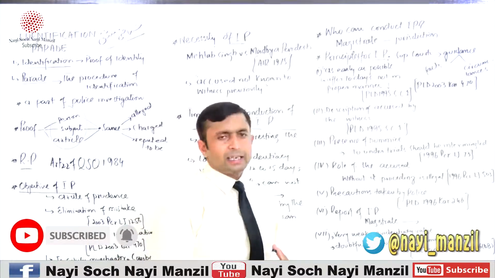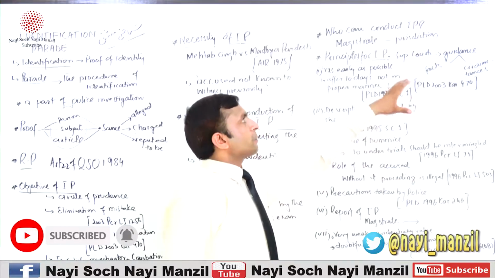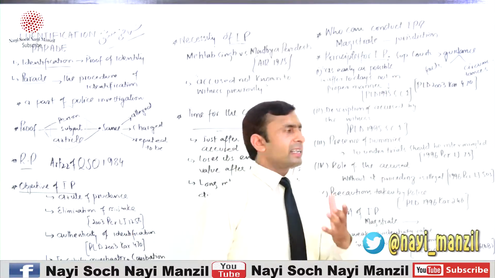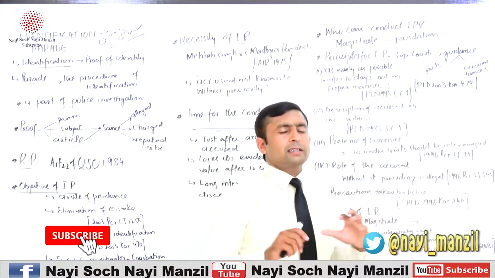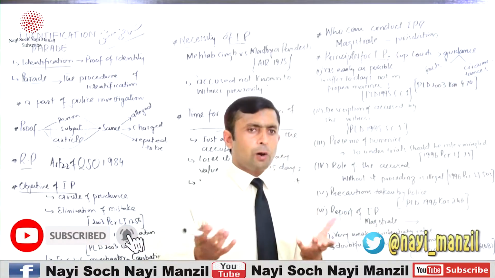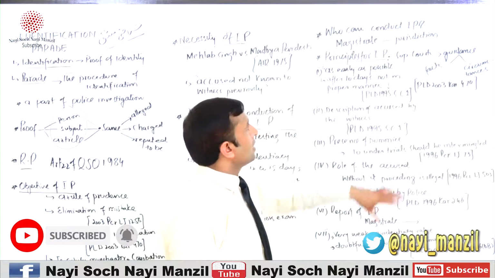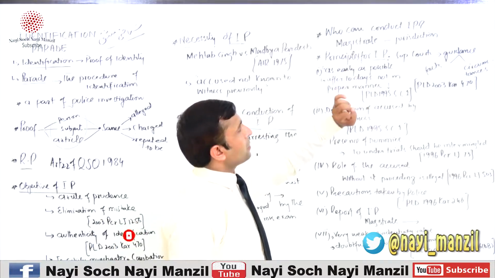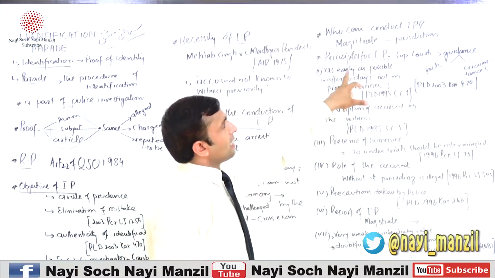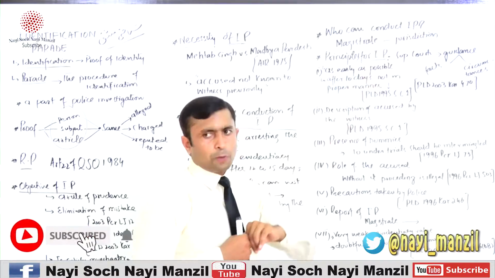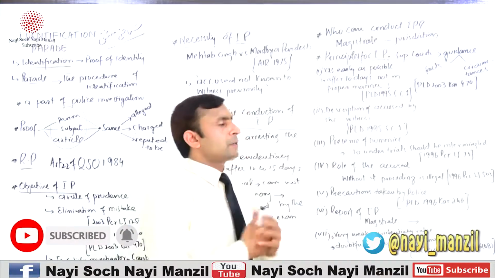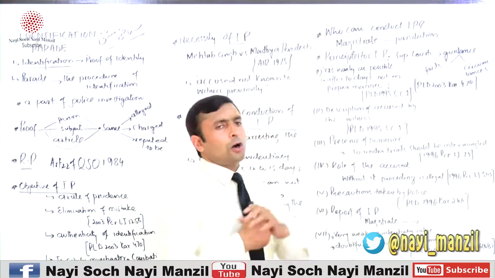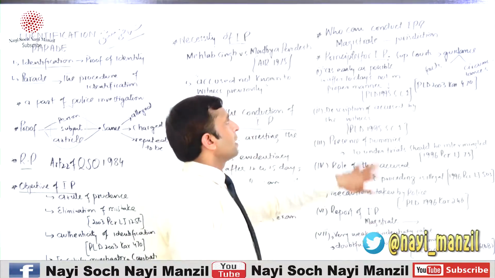Principles for identification parade. The superior courts have provided guidance, on the basis of facts and circumstances, for the conduction of identification parade. The first principle is it should be conducted as early as possible after the arrest of the accused.